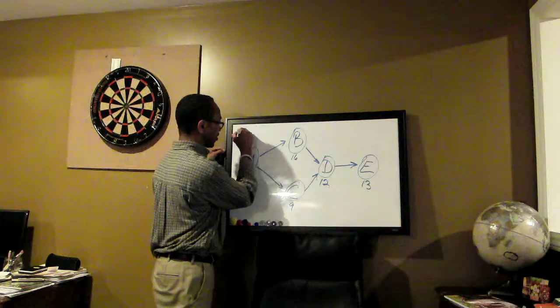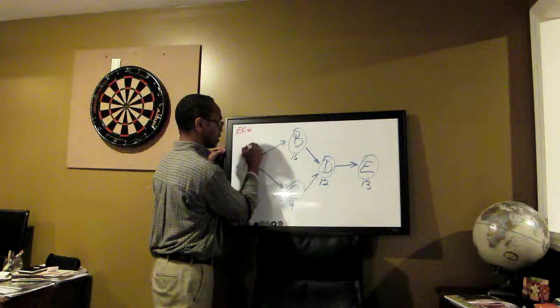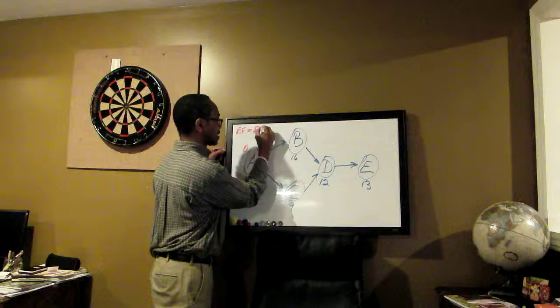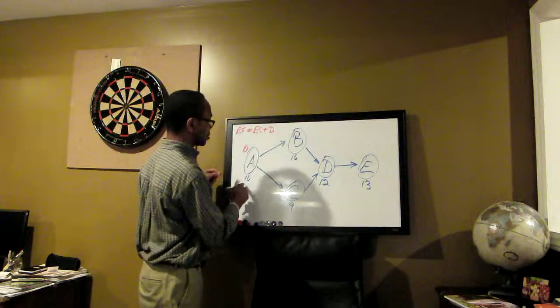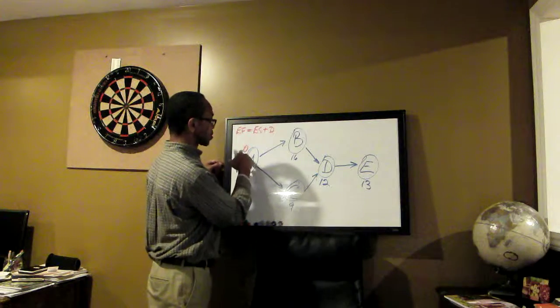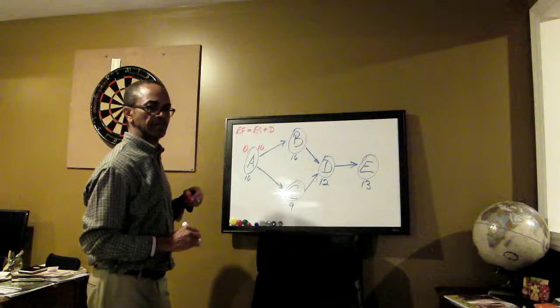Early finish is equal to, and I'll write it here. Give it to me. Early finish is equal to early start plus duration. Our duration is 10, so 10 plus 0 is 10. What do we do next? Correct.